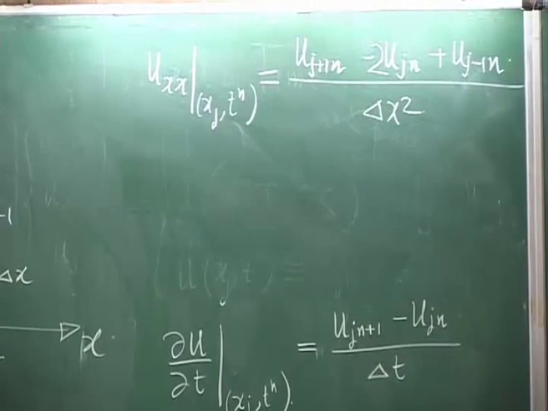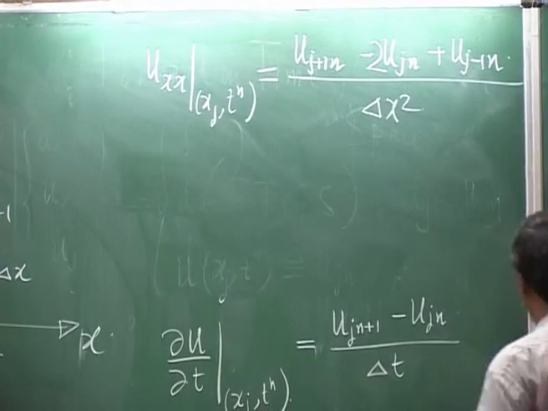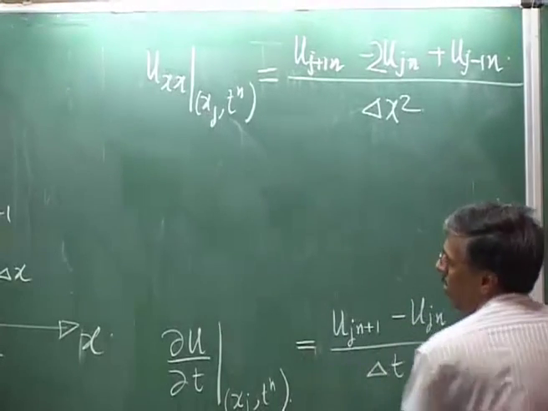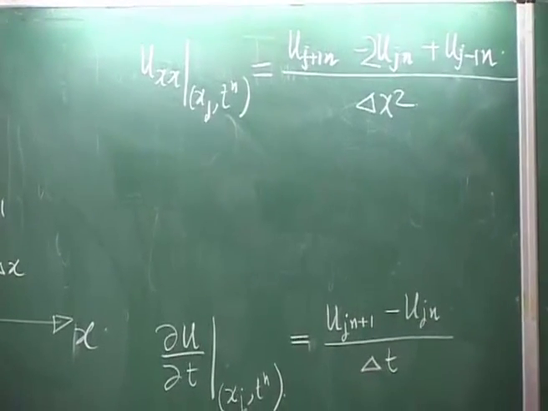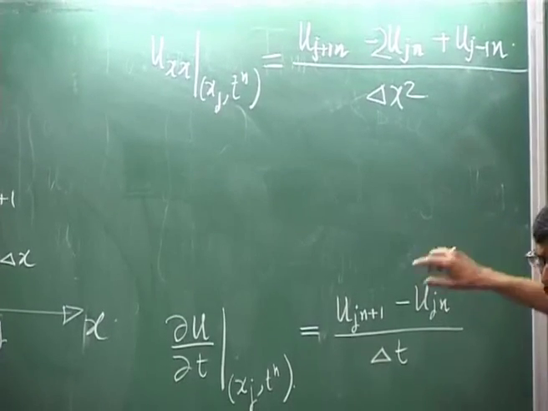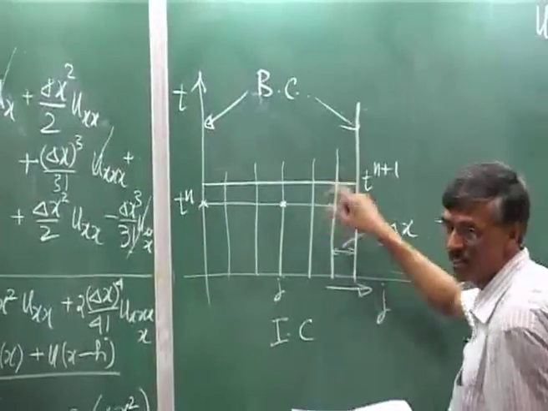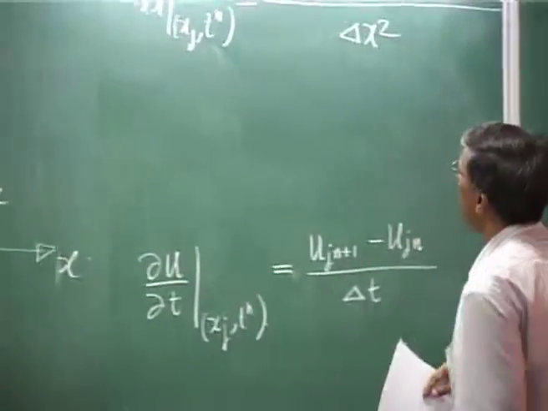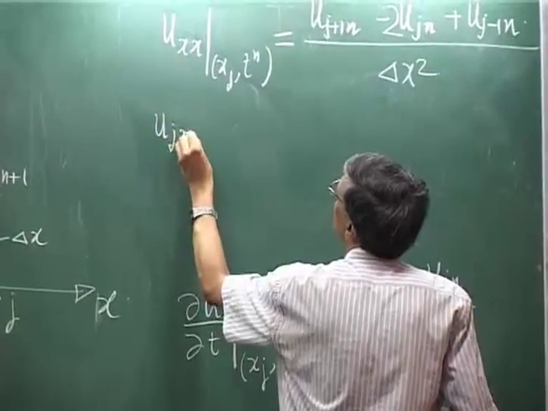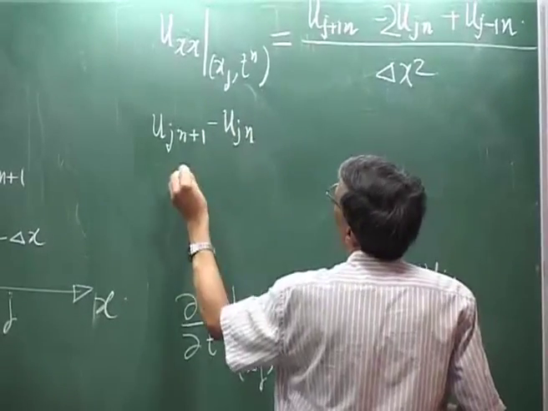Okay. So, we got this. Now, you see what we have obtained. We have now replaced the continuous differential equation in terms of a lumped parameter system, where the values are lumped at those nodes, intersections of this lattice, and that is what we are going to write: u j n plus 1 minus u j n.